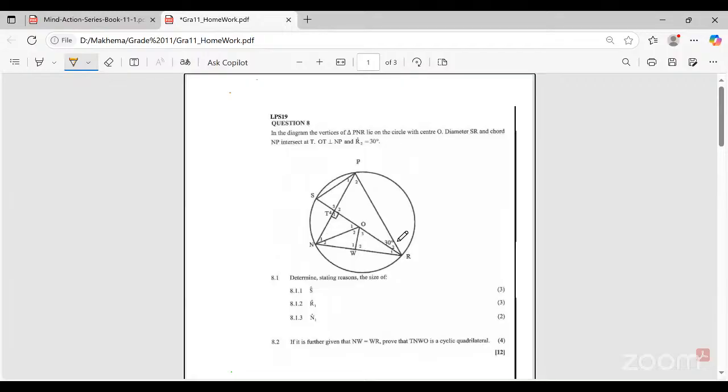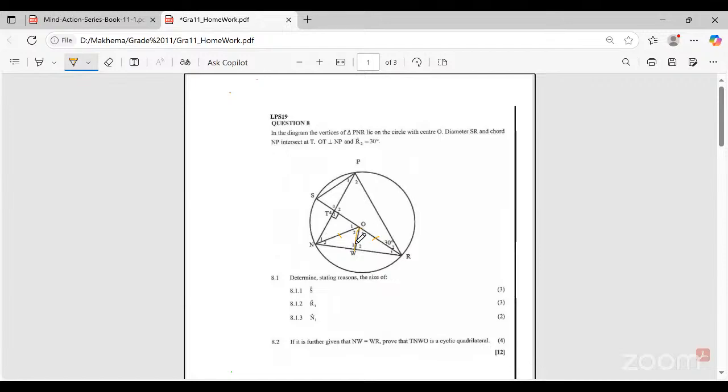Well, we'll firstly say ON is equal to OR. You are saying ON is equal to OR. Okay. Yes, ma'am. The reason is radii, which is the plural of radius. Then OW is common.